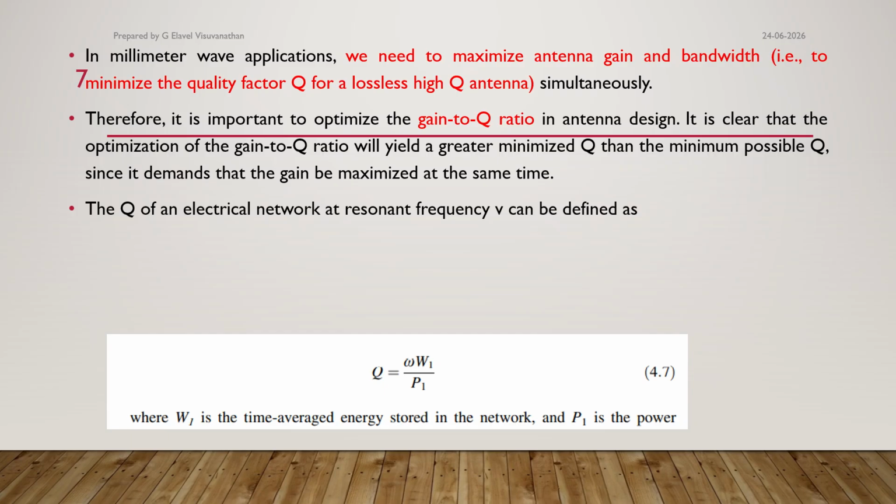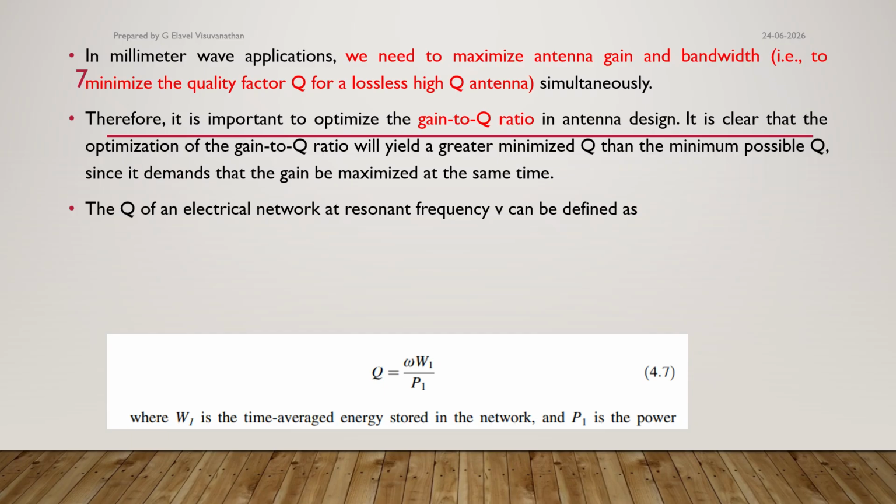It is clear that the optimization of the gain to Q ratio will yield a greater minimized Q than the minimum possible Q, since it demands that the gain be maximized at the same time.